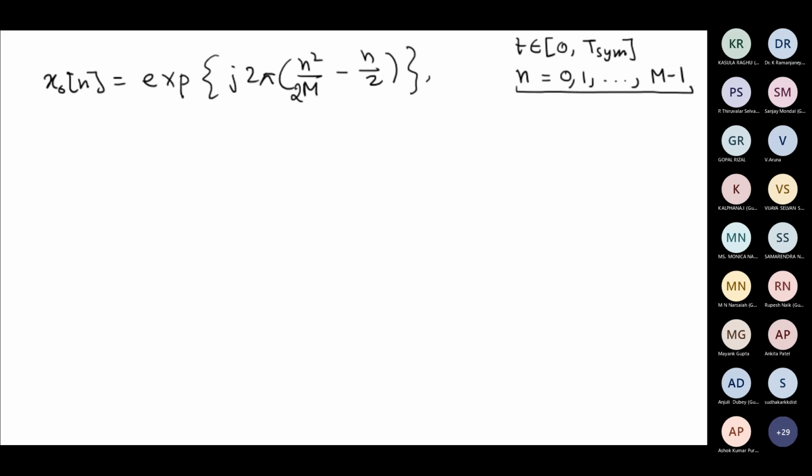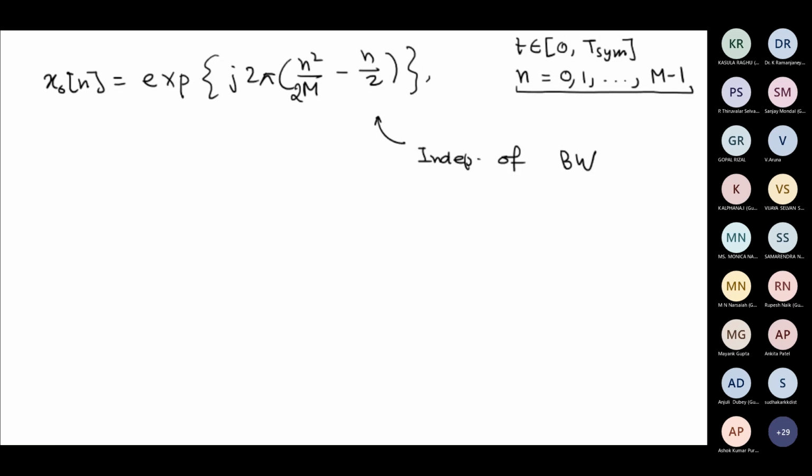But the important thing to note here is that this expression that we see here is independent of the bandwidth parameter. There is no bandwidth parameter anywhere. All we see here is the parameter M. So that is saying that the sampled version of the discrete time basic CSS symbol depends only on M and not on bandwidth.